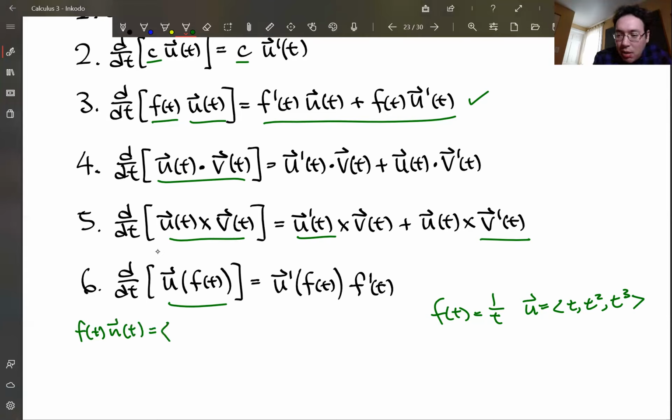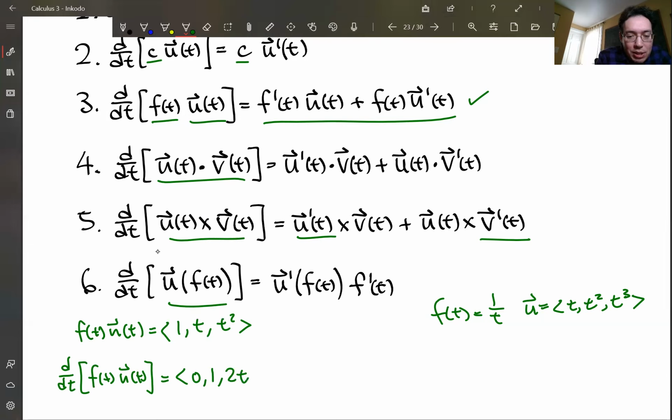If I multiply 1 over t to each of the components, I reduce the power of t by 1 for each of those, and then take the derivative. So the derivative of this thing is going to be 0, 1, 2t. Okay, so that's one way to compute it.